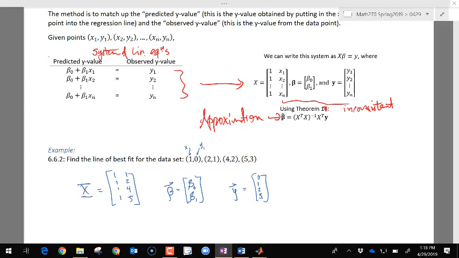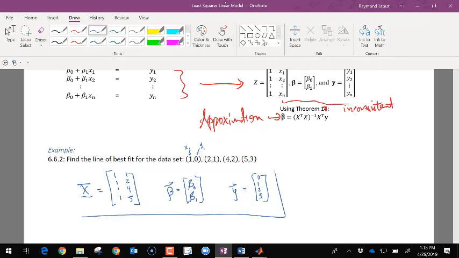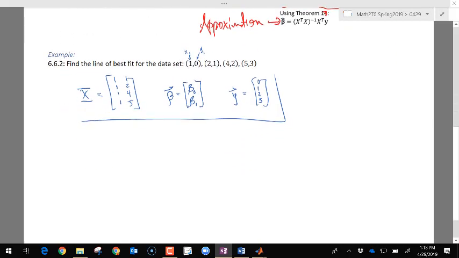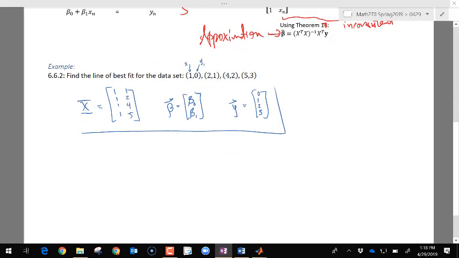All right, so I think this is something that we can actually do by hand because it's simple enough and it's not that many variables. So let's actually do it by hand. It looks like we're going to need X transpose times X. The transpose of this is going to be 1, 1, 1, 1, 1, 2, 4, 5. We're going to multiply this by 1, 1, 1, 1, 1, 2, 4, 5.